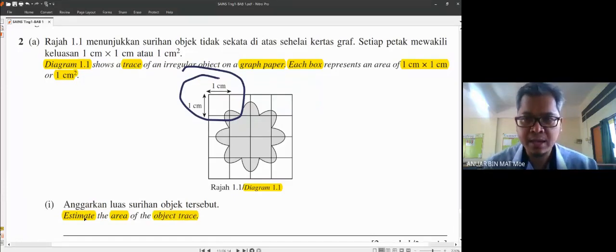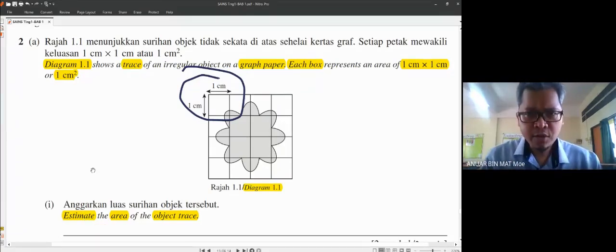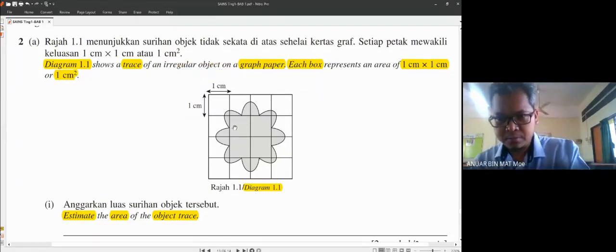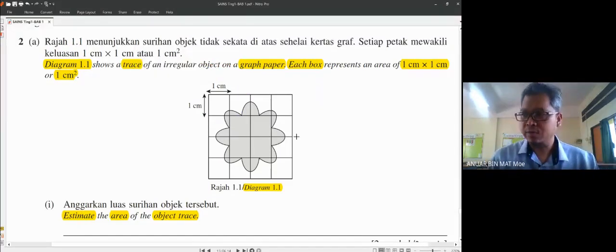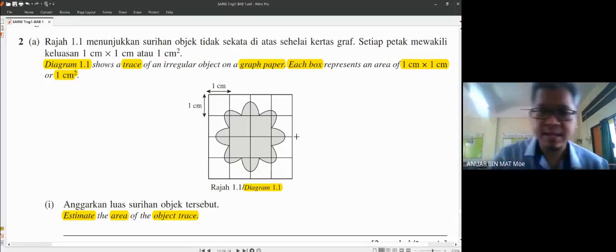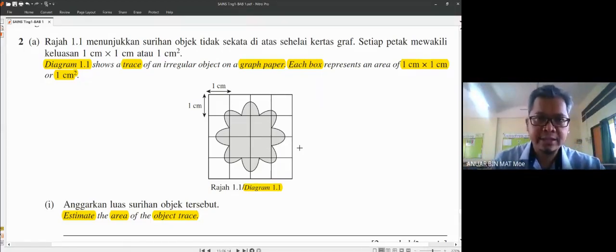What is meant by estimate? We already learned how to estimate physical units, for example the area here. What we do is use a pencil and mark, or you can write the numbers, either one, no problem. Estimation is just not accurate; you just estimate the area.